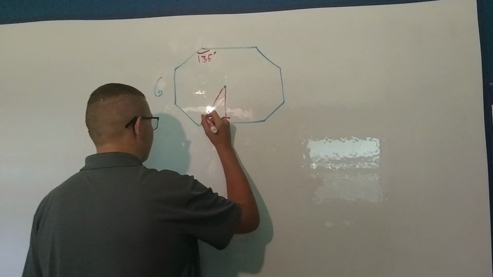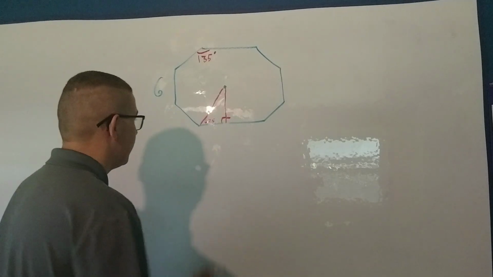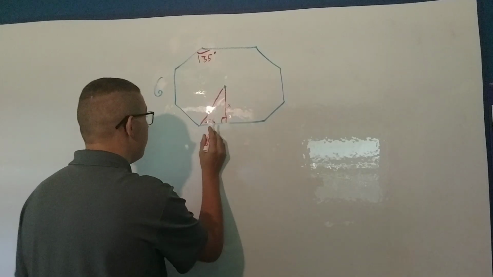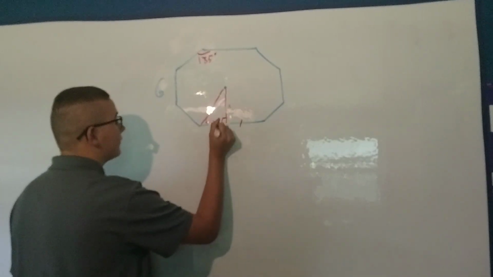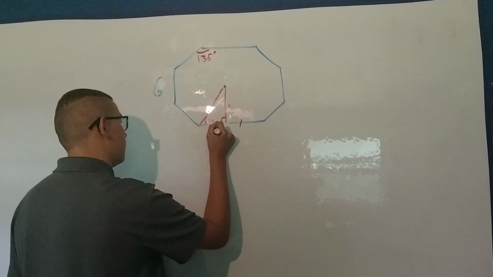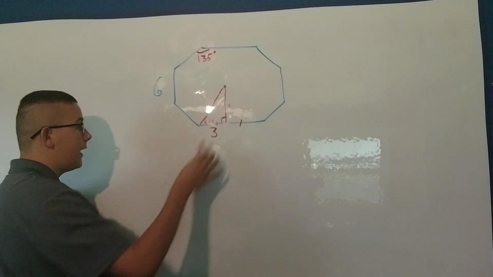And this is x, and we know that this bisects, so this is going to be half of the total, or 3. And now you can solve for x.